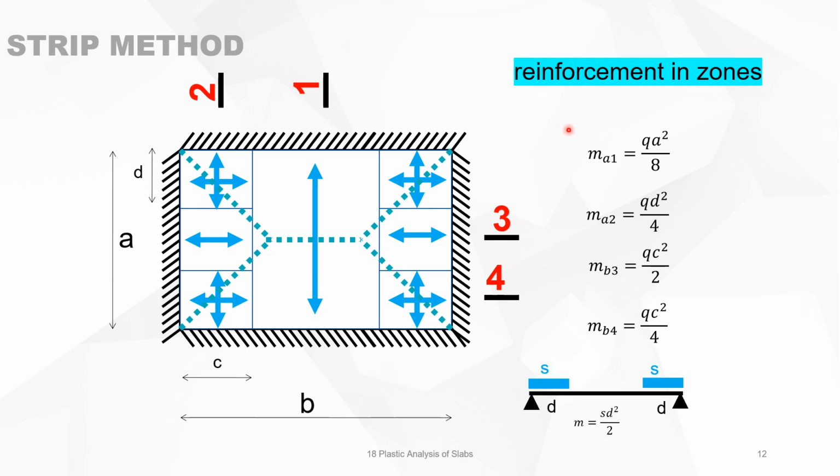In all cases we use the same formula from applied mechanics: when a portion of the beam is loaded over distance d with a load s, symmetrically, the maximum bending moment in the middle is s d squared over 2. Depending on s, if it's equal to q or q over 2, you will arrive at those formulas. For instance, if s is equal to q and d is equal to a over 2, then you will have q a squared over 8.